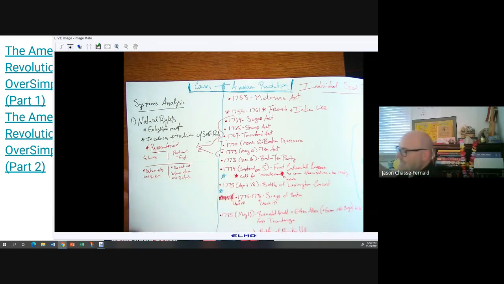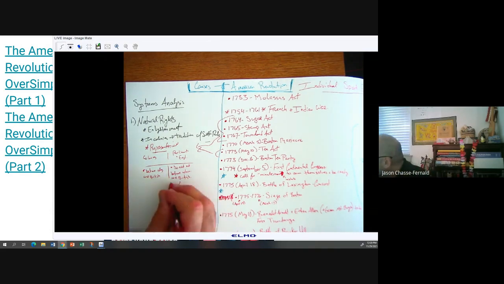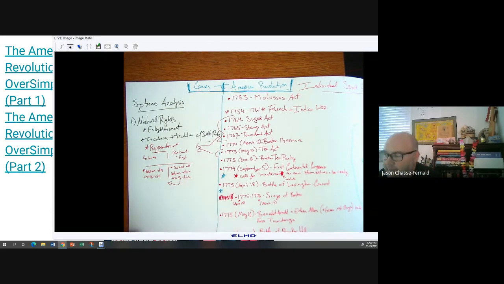All the rights that are given and owed to the British don't apply to the colonists, right? And this is kind of an underlying issue here.